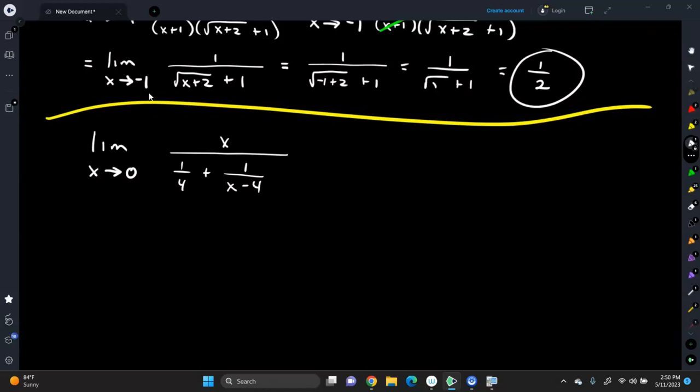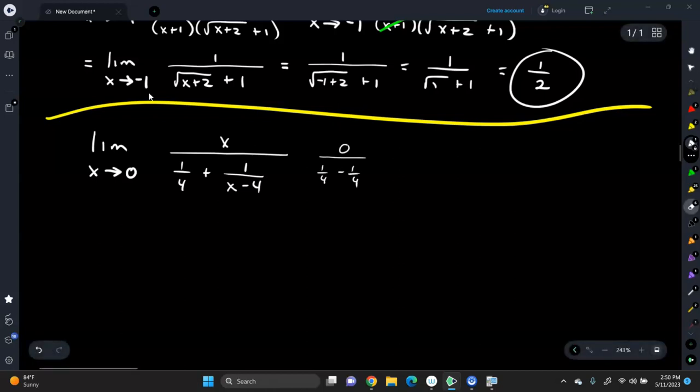Now this one is tricky. If I do a direct substitution, I get 0 over 1/4 minus 1/4, which is 0 over 0. So we need to do something here.